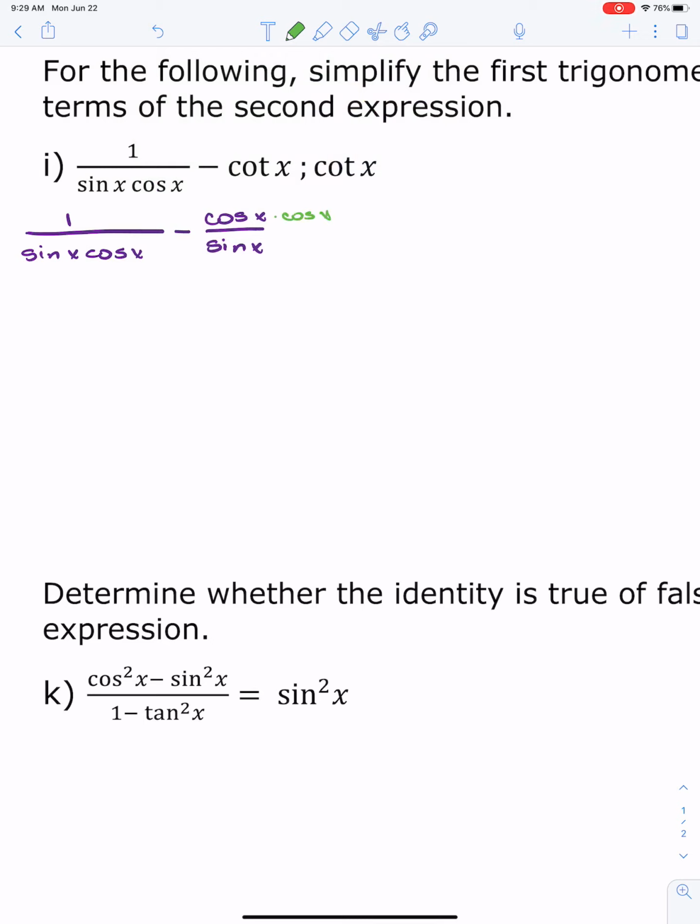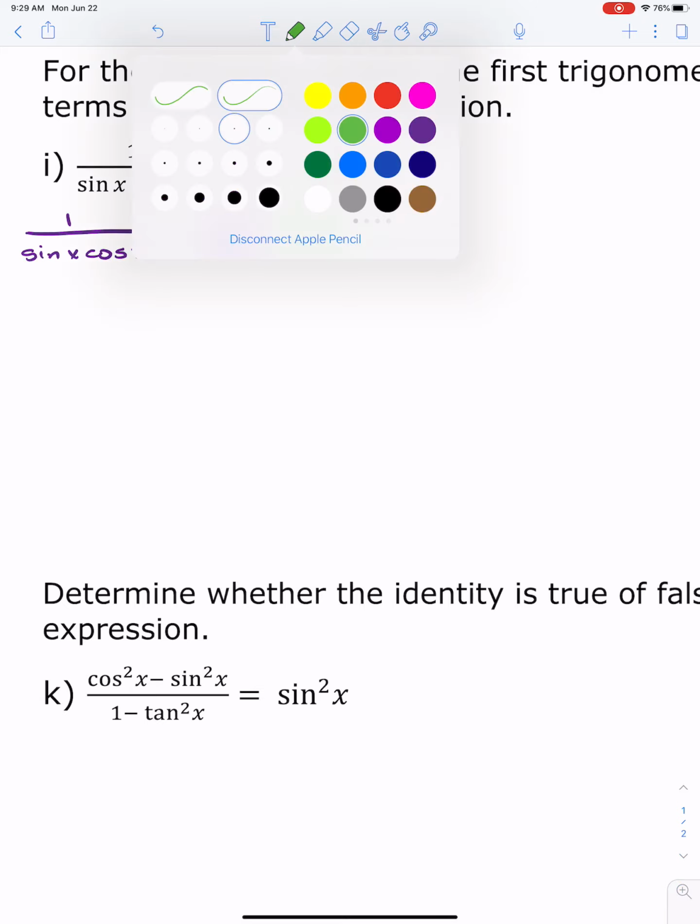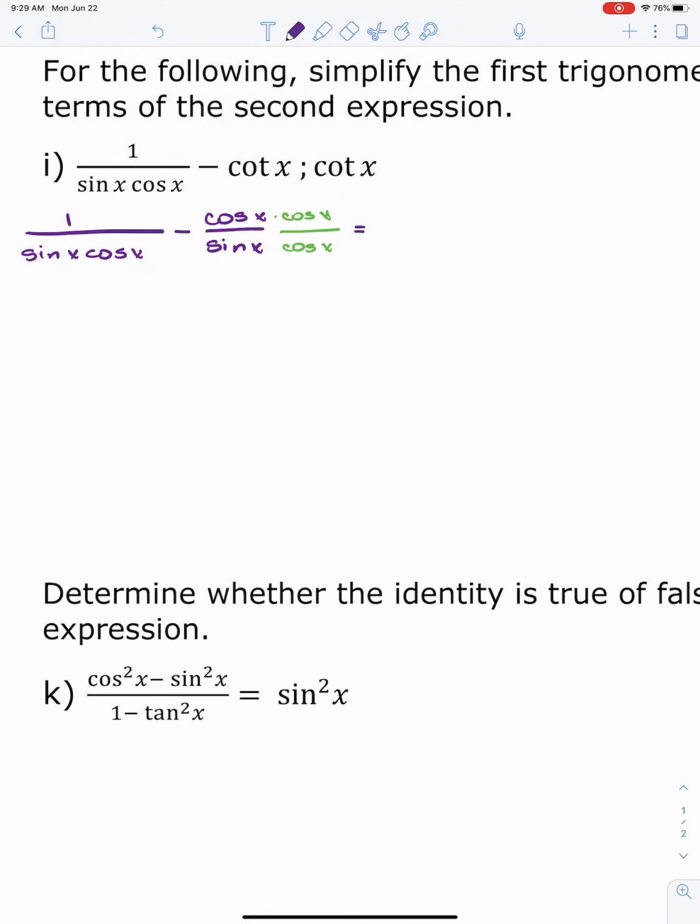This one is going to need a cosine x so that we can get a common denominator. And so I have 1 minus cosine squared x over sine x cosine x.